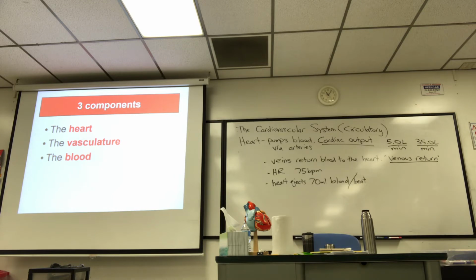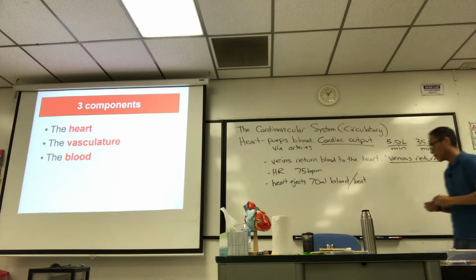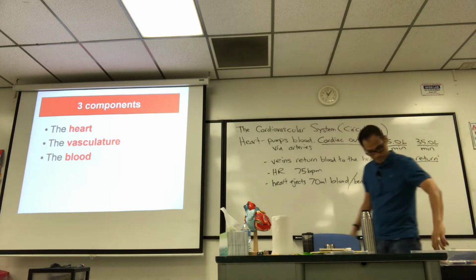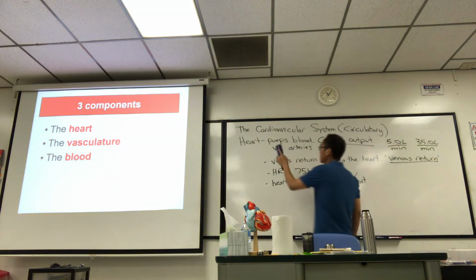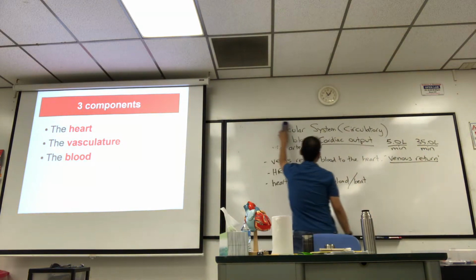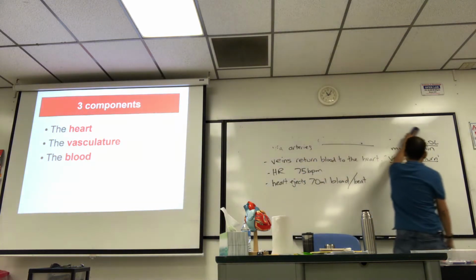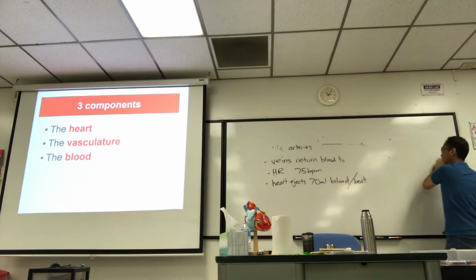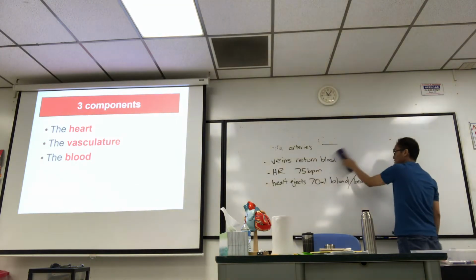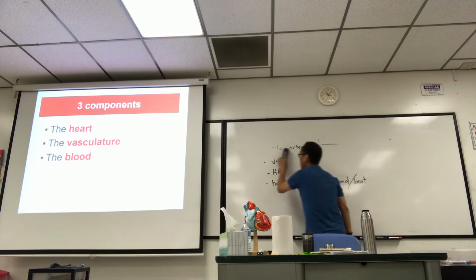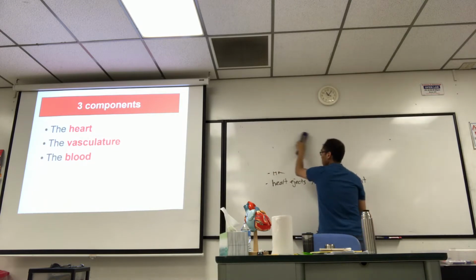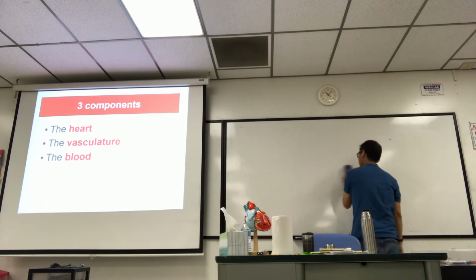Now, you pump blood, you need the blood vessels to circulate that blood. And so the vasculature are the blood vessels. And each of these components is its own chapter in the book. We're doing the heart. Heart's its own test, but then the blood vessels is its own test. And then the blood, along with other things, is the next test after that.